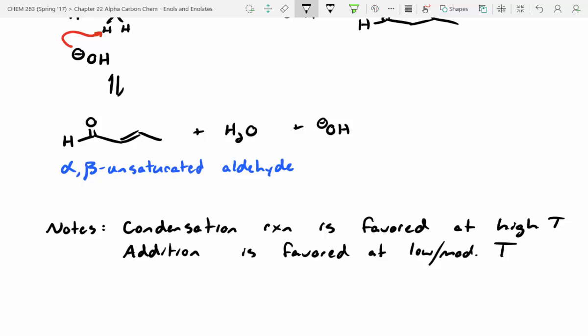Does that make sense? The other thing to consider too is that this alpha beta unsaturated aldehyde is more stable than a normal aldehyde, and why is that? Resonance or conjugation, right?